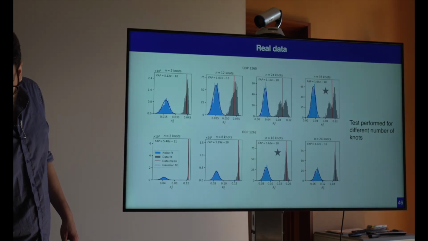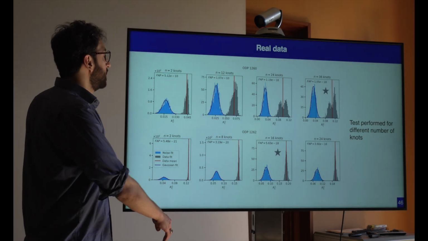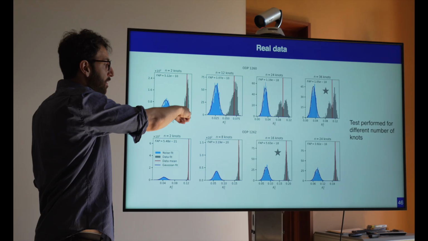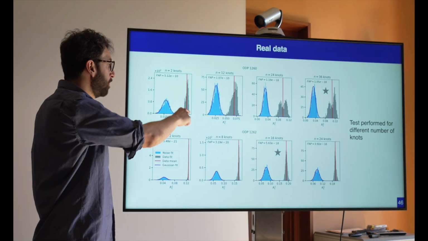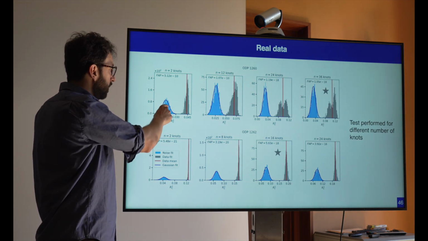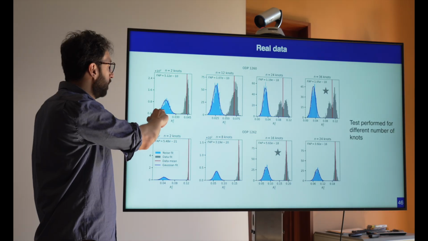Sorry. Okay. So this is an example of this test performed on the data. You see that the red value that I showed before is not here. It's the average value over the different realizations of the genetic algorithm on the real data. This, on the other hand, has the same interpretation as what I showed before.